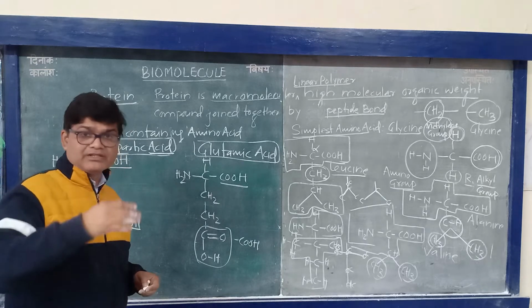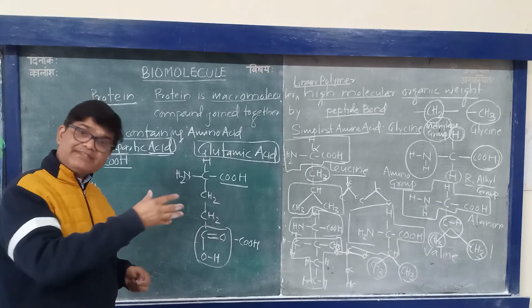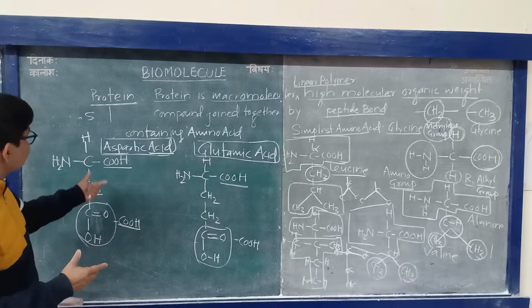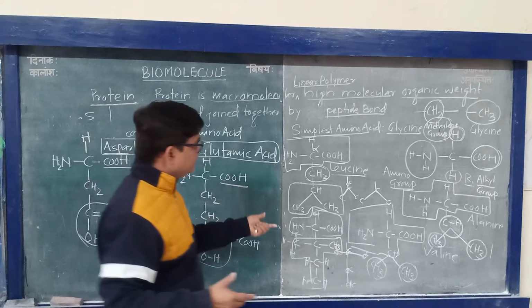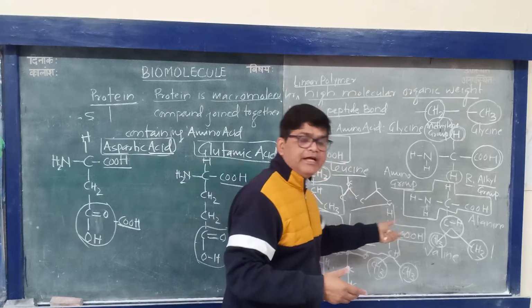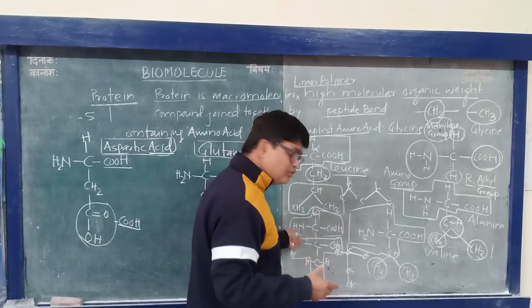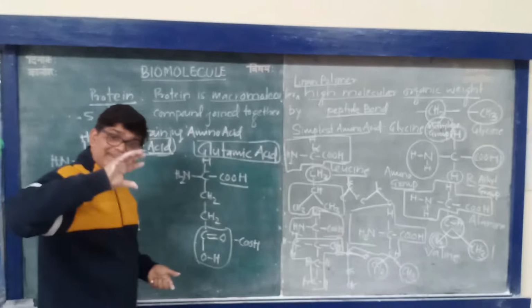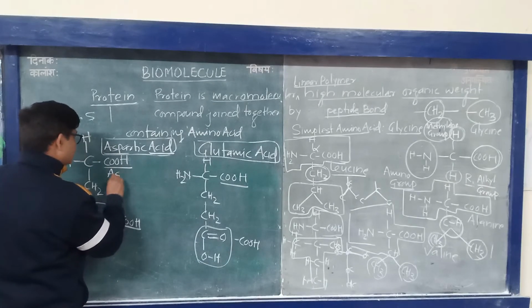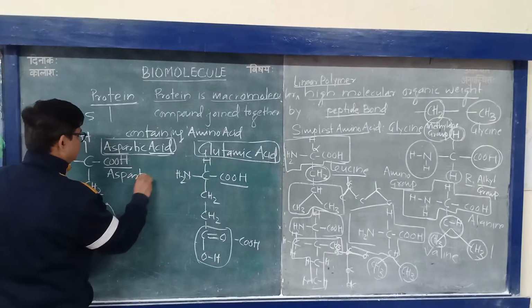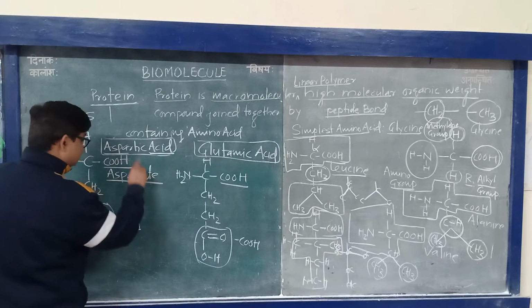So the question asks, which of the following are the acidic amino acids? You will get a choice: aspartic acid, then leucine, then valine, and then isoleucine. So where the word acid is there, you can also say aspartate, the same meaning.